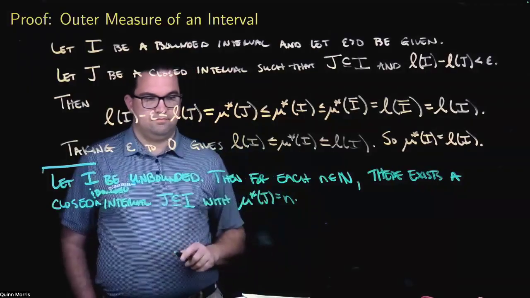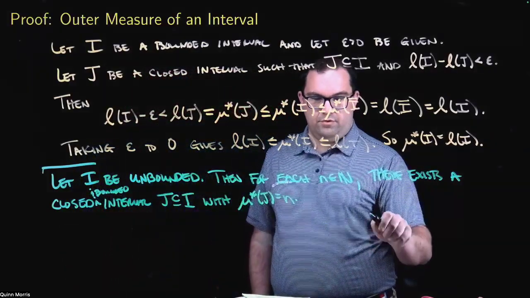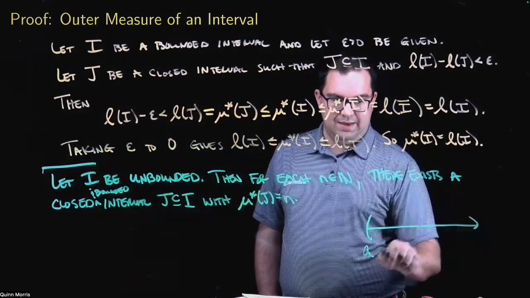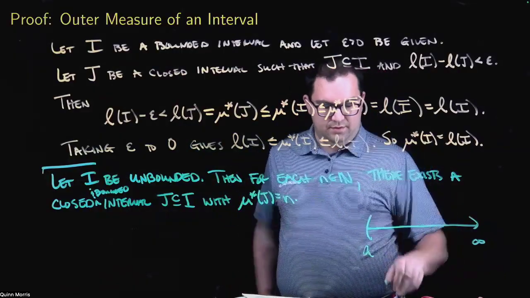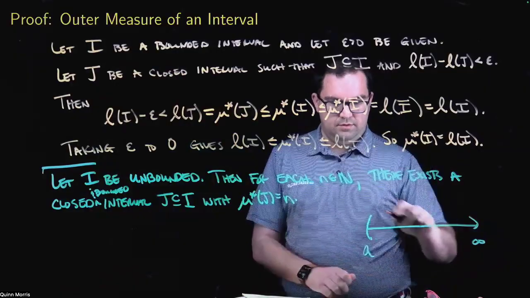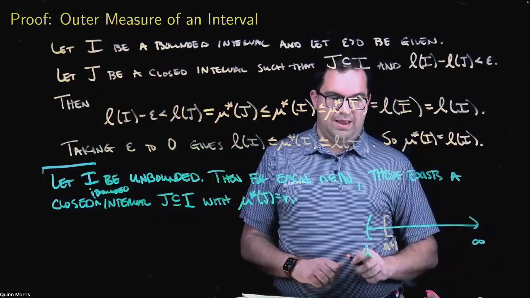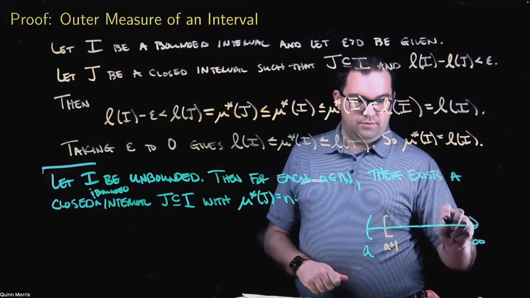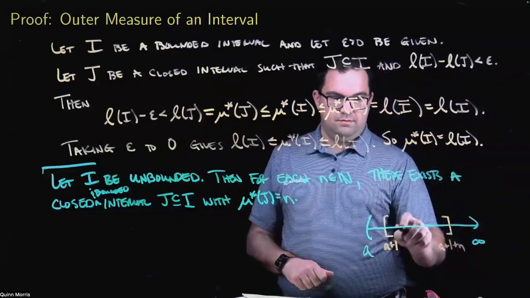Okay, so again, here the idea is you have some unbounded interval, like let's say it's a to infinity. Well, if you take, say, the closed interval a plus 1 up to a plus 1 plus n, right?